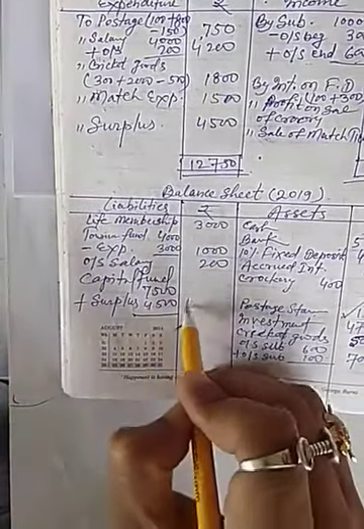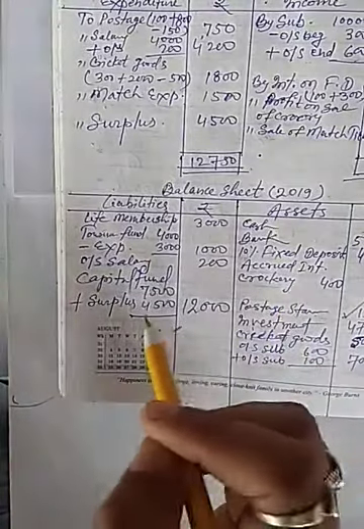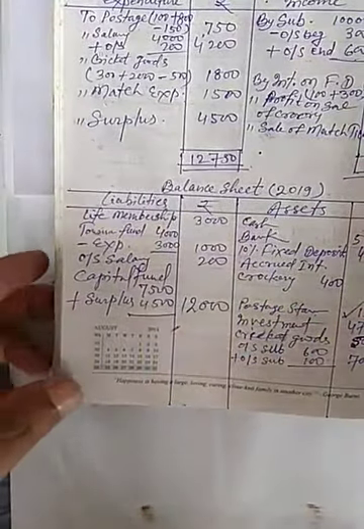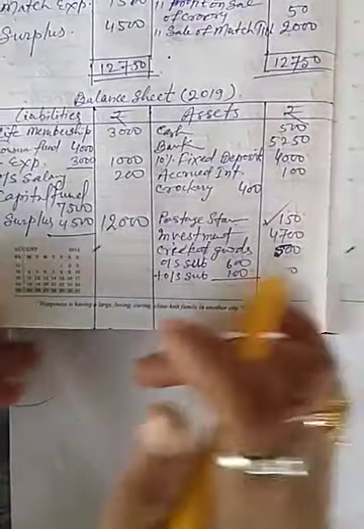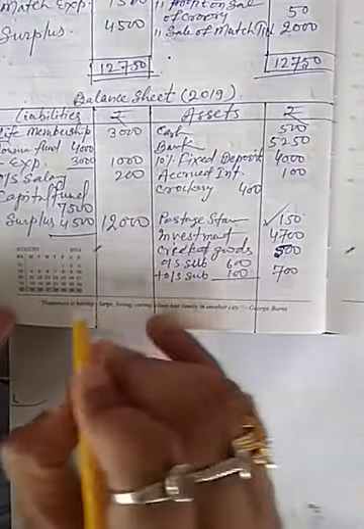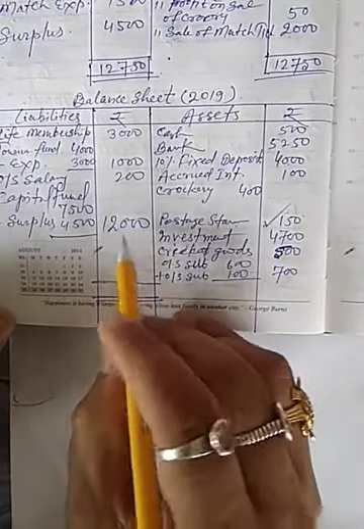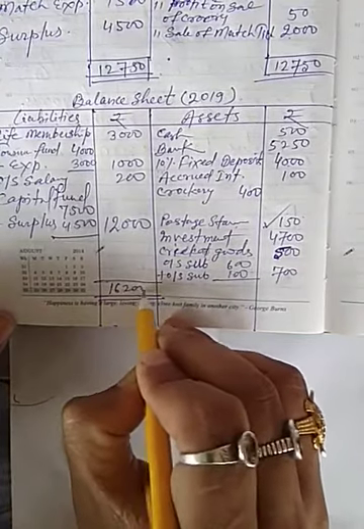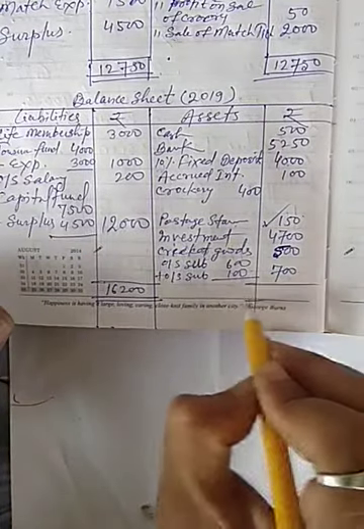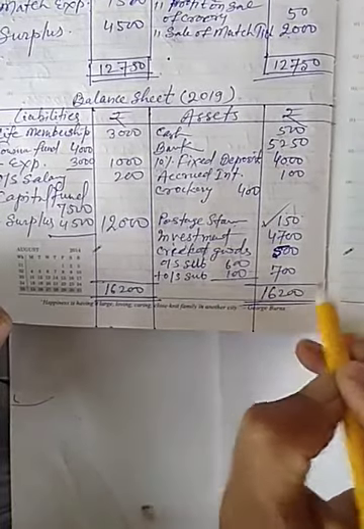Now the total will be 12,000, and now I will calculate the total of the liability side and asset side both. 16,200, and asset side also 16,200.